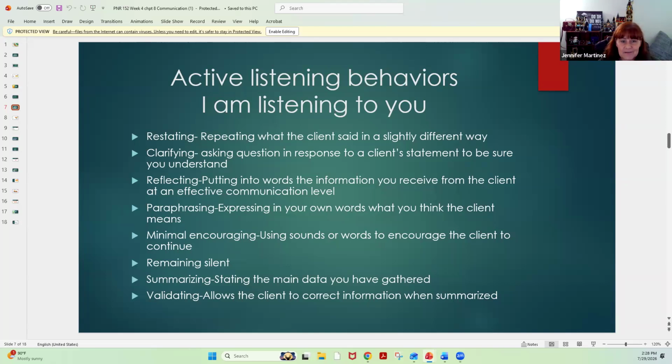Even 5 seconds of silence can feel like a lifetime. And so we really want to be able to use silence as an effective communication technique. And there's a variety of reasons why.